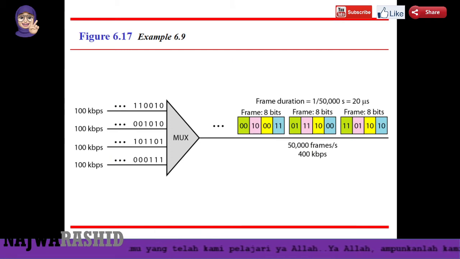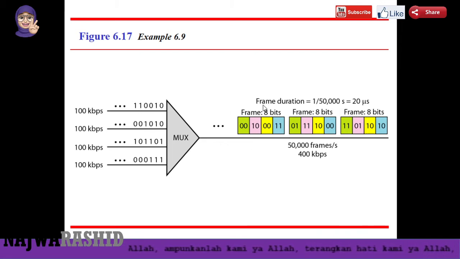Okay, this is how we multiplex using the TDM. We have 4 channels, each channel has 100 kilobit per second, and we multiplex 2 bits for each channel. So 2 bits here, 2 here, 2 here, 2 here, in order to create one frame, so 2, 2, 2, 2, 8 bits per frame.